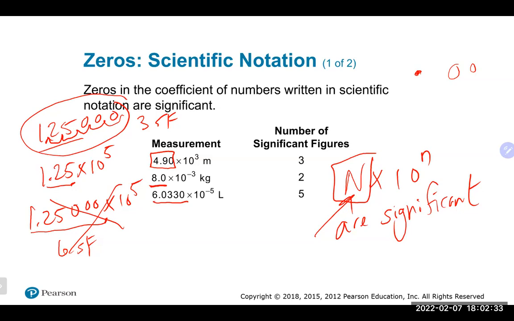So for example, if I did have an answer that was like 13,000 and I wanted to display it as 3 significant figures, there's no way in decimal form that I could do anything to that to get it to 3 significant figures. If I put a decimal at the end, it would have 5 significant figures, right?